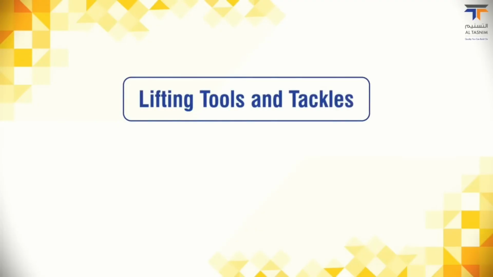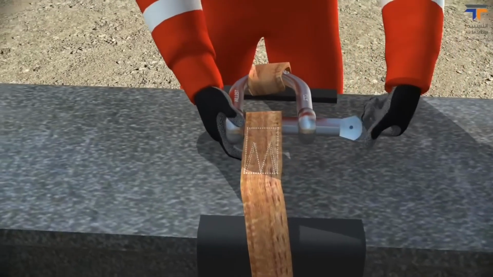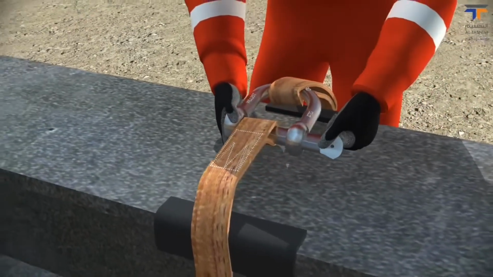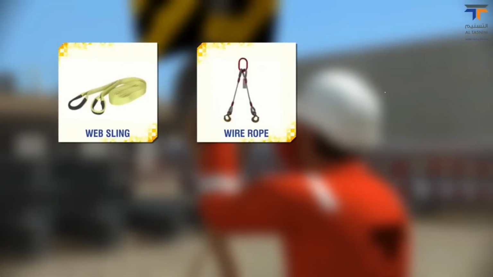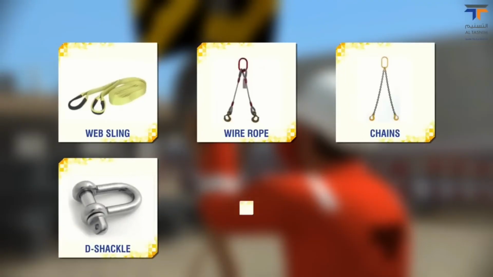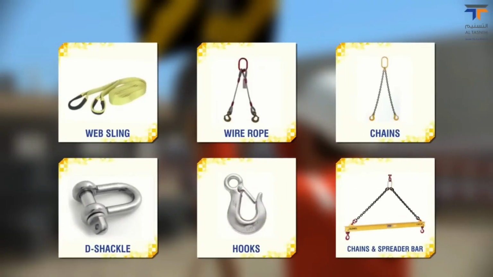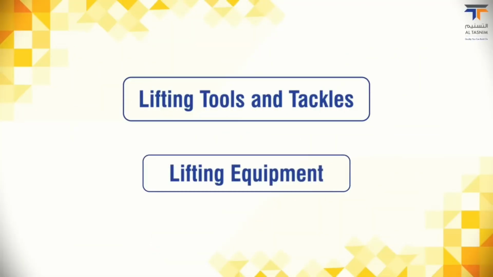The equipment used in material handling are categorized into two parts: lifting tools and tackles. Lifting tools and tackles are used to attach load or material to the lifting machines. For example, web sling, wire rope, chains, D-shackle, hooks, and spreader bar, etc. Lifting equipment.